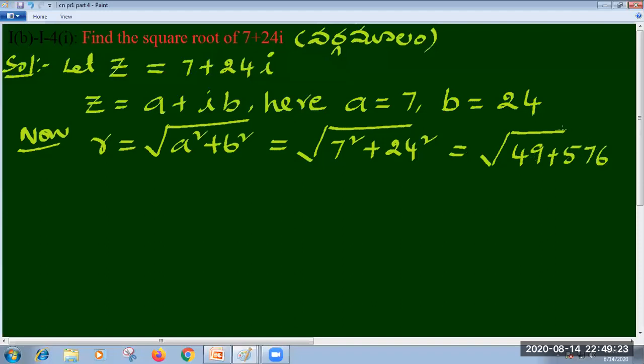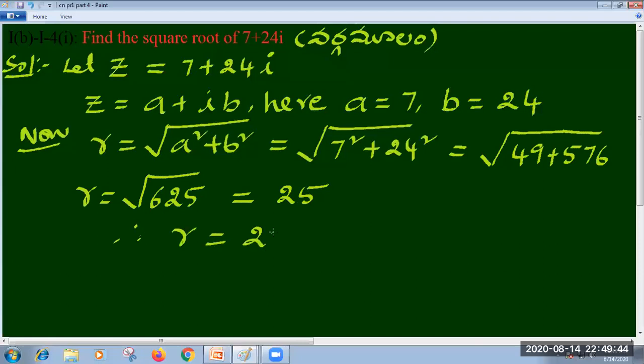You can calculate in rough also. So that is 49 plus 576, which is 625. So under root 625 is 25. Now the r value is 25.